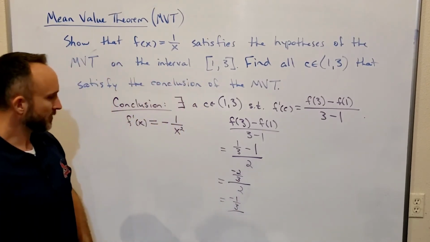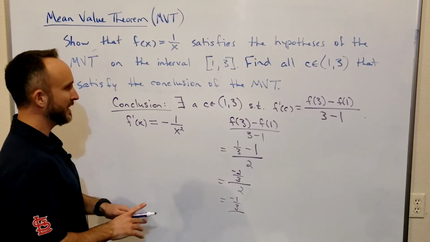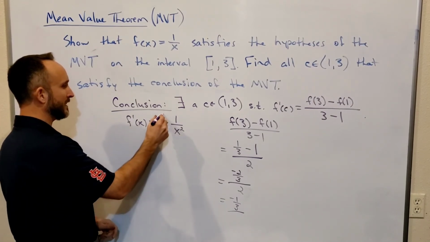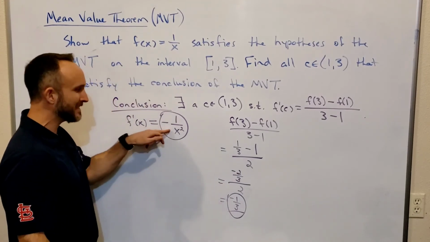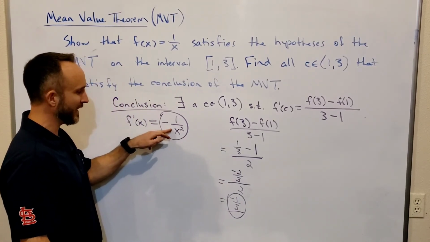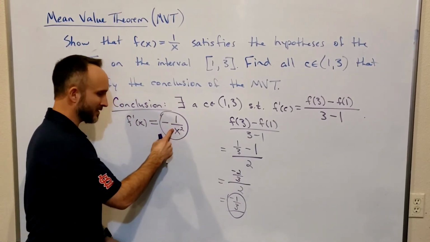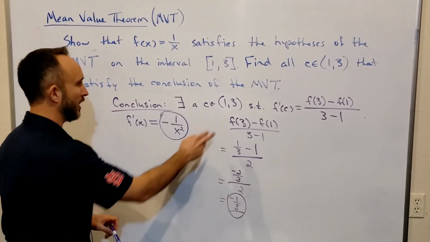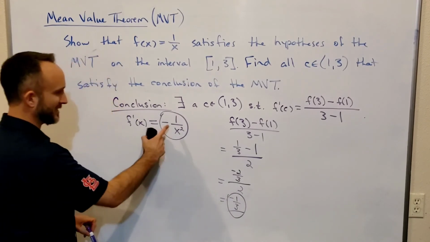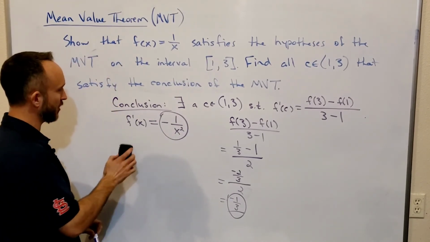So now what I need to do is figure out when the derivative equals this. I need to find the x values where my tangent line slope equals my secant line slope on this interval. So I'm going to set those two things equal to each other and solve for x.